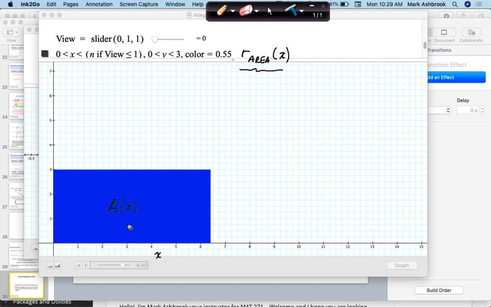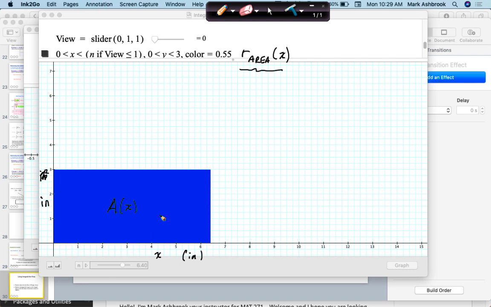Say x is in units of inches. No, sorry, this is also inches. This is the height of it. So the area is the area of the blue, right? So this is inches on this axis and inches on this axis, and then that function A of x would be in inches squared.